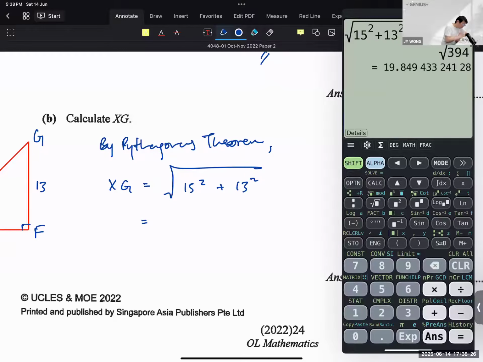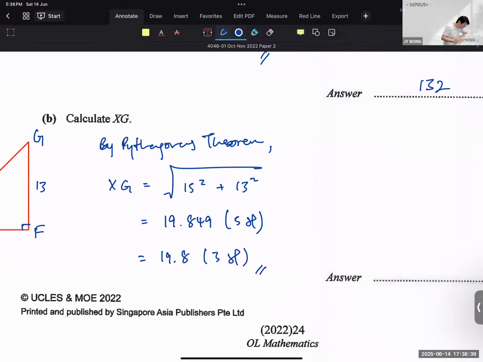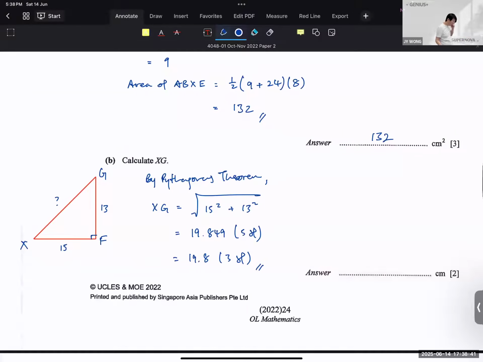If you are comfortable leaving it in surds, you can technically leave it in surds, but not a requirement. Normally, we just leave it in 5SF first. And therefore, it's 19.8. Okay? Free 5 marks so far.